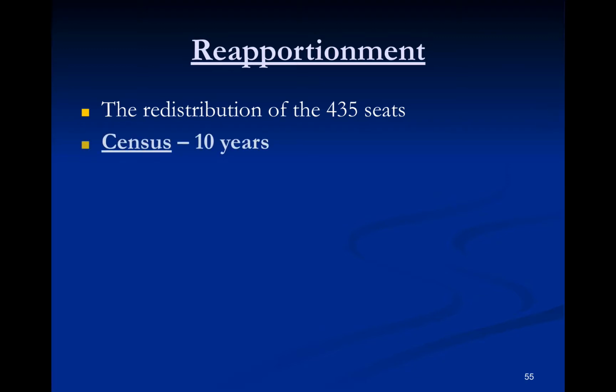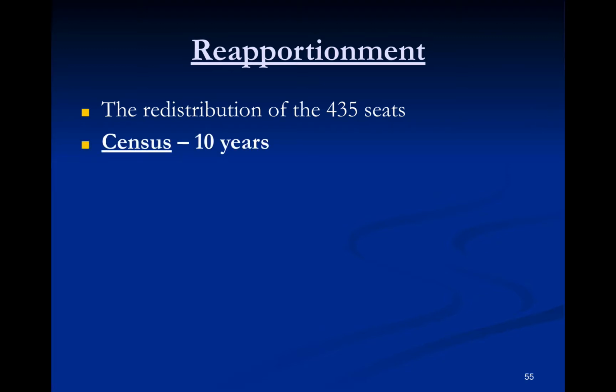Reapportionment is the term that's used when we have to distribute or redistribute the 435 seats in the House of Representatives. Remember, originally the Constitution said that every state got one representative for every 30,000 people in population. Well, eventually they decided to stop that, change the Constitution, and now we have a max of 435 seats in the House.